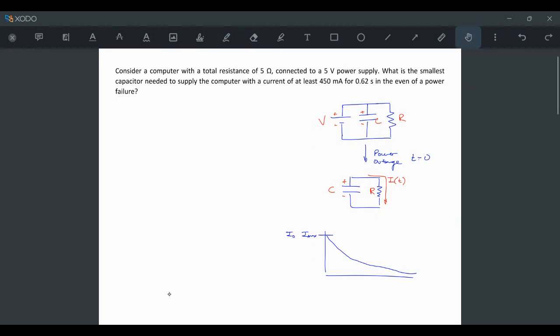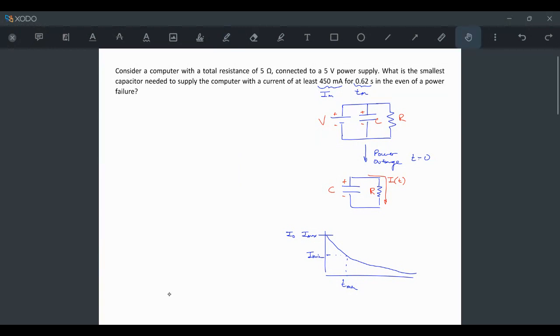And then what we're trying to figure out is, we've been given a minimum time. I'll give that t subscript m for minimum. And we want to stay above 450 milliamps, I_m. So perhaps somewhere along here, there's a minimum time for which we want to stay above a minimum current.